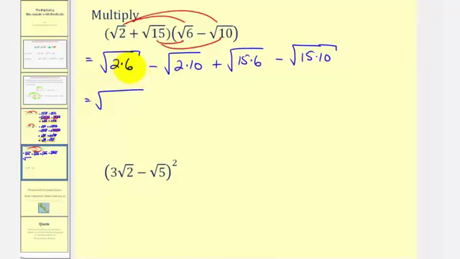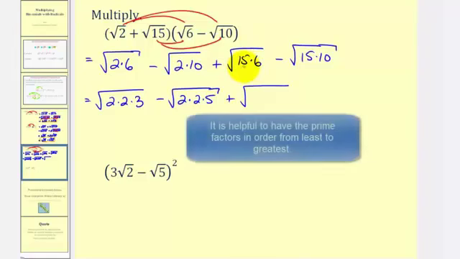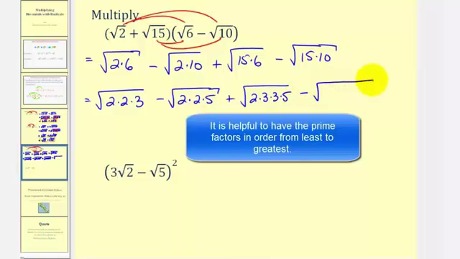So here the prime factorization of 6 is 2 times 3, so we'd have 2 times 2 times 3, minus the square root of 2 times the prime factorization of 10, which is 2 times 5, plus the square root of the prime factorization of 15, which is 3 times 5, and 6 is 2 times 3, so we'd have 2 times 3 times 3 times 5, minus the square root of, again, 15 is 3 times 5, 10 is 2 times 5, so we'd have 2 times 3 times 5 times 5.